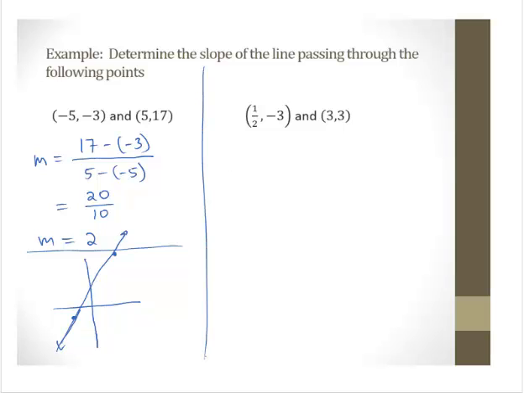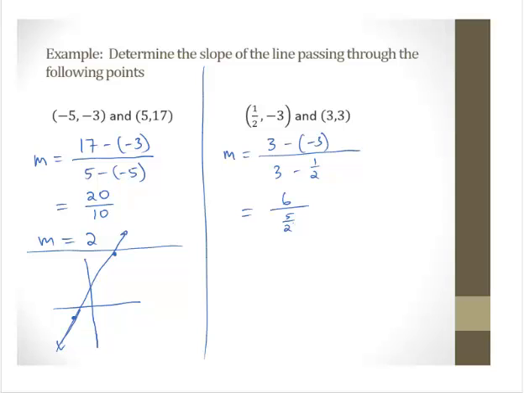Let's see another example. Here we have the points 1/2, -3, and 3, 3. So then using the slope formula, the slope would be given by 3 subtract -3 over 3 subtract 1/2, which simplifies as 6 over 5 halves.